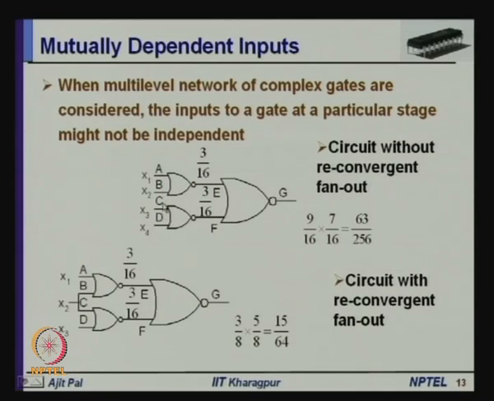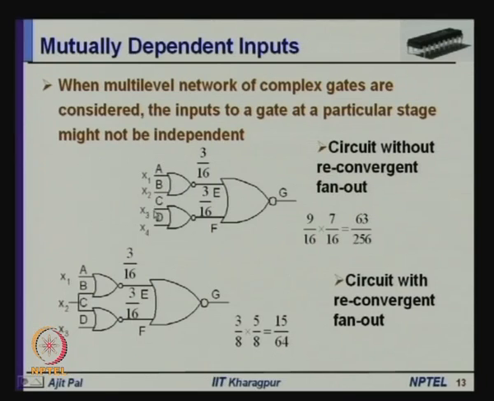So, we find that x1, x2, x3 and x4 are all independent. So, the switching activity at this point will be 3 by 16. Similarly, the switching activity will be 3 by 16 here, and if we consider the output, the switching activity will be 63 by 256.